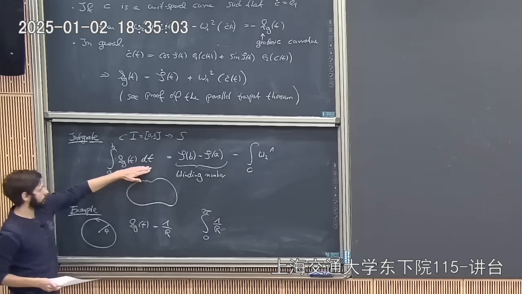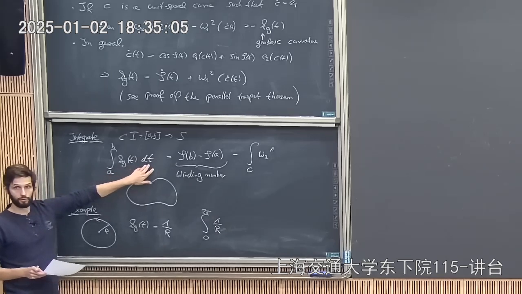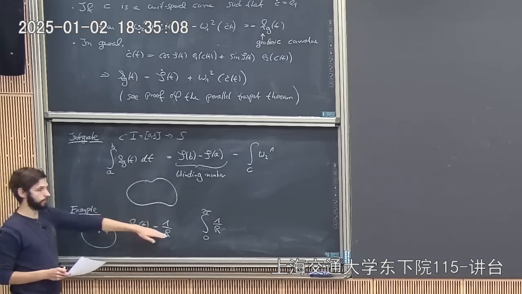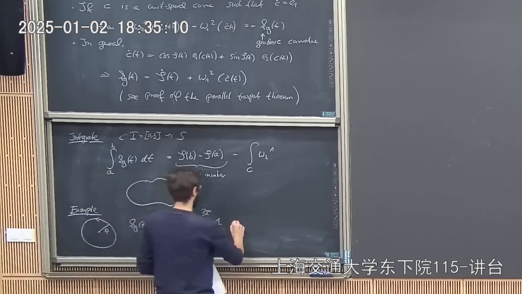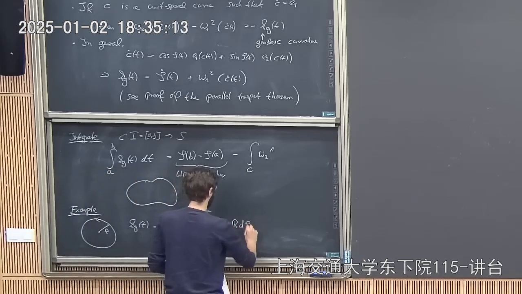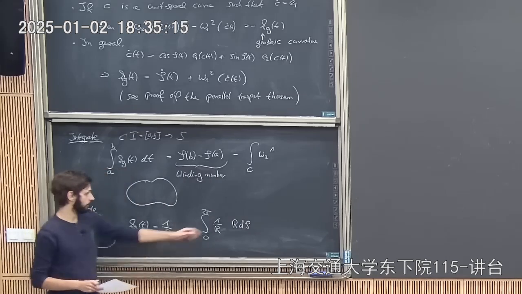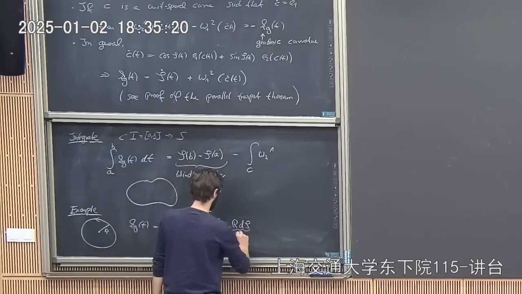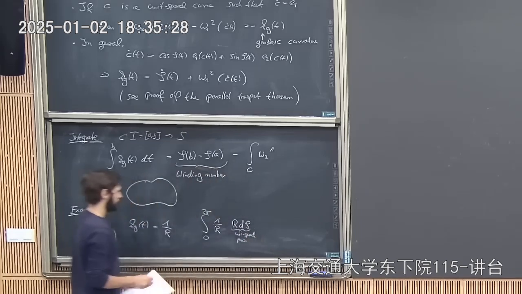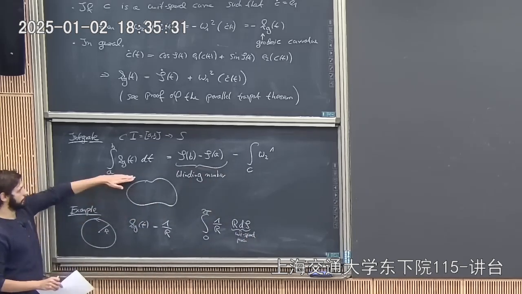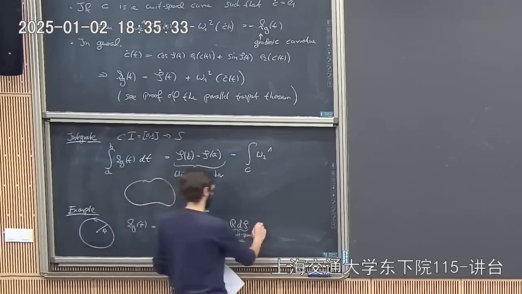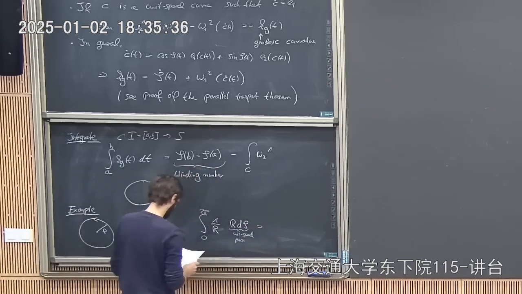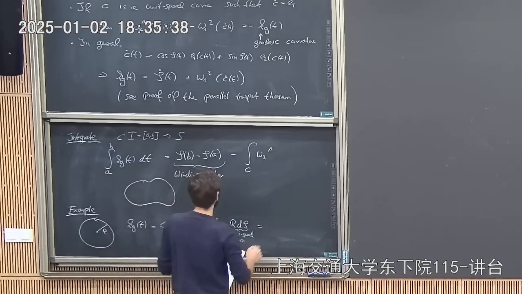Here we have the assumption that d/dt means the unit speed parameterization. So I can't just write theta there, but I have to parameterize by unit speed, and that gives us an additional factor of r there. This comes from the unit speed parameterization. If you calculate that, the left-hand side is of course just 2 pi.